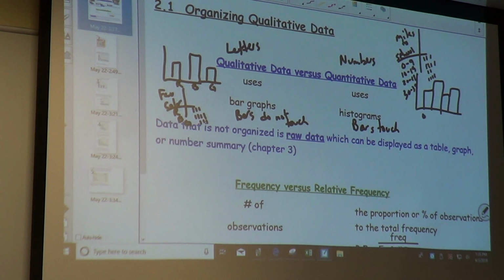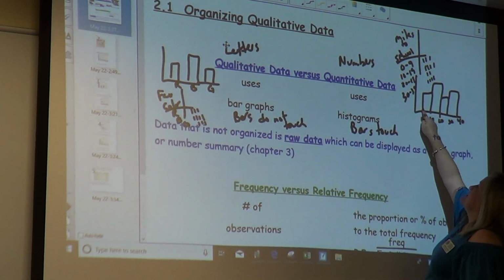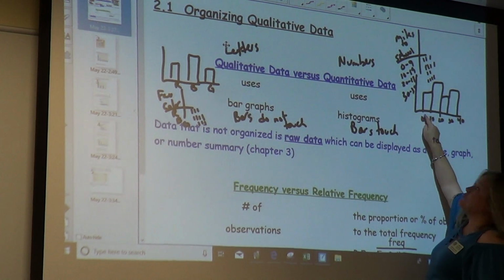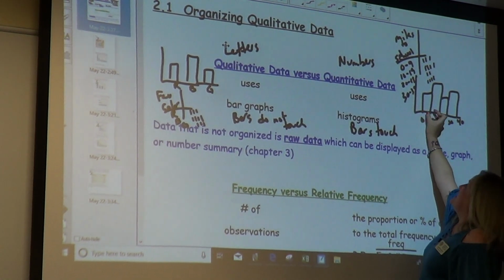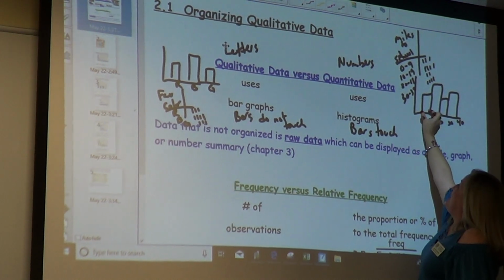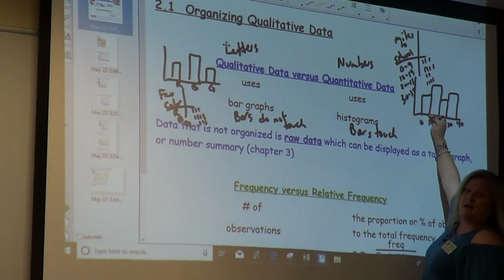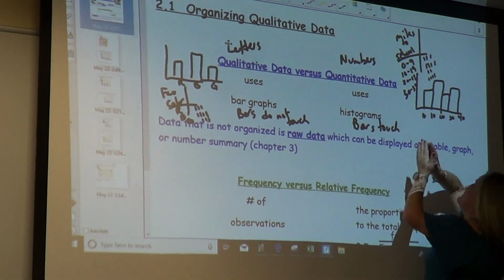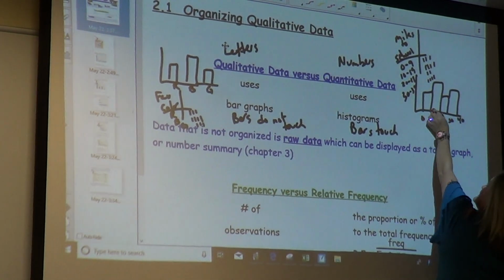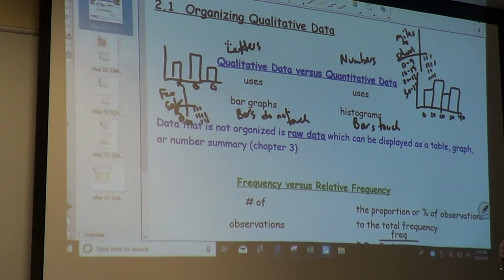So this would be 0, 10, 20, 30, and 40. These touch because this bar represents 0 to 9. 3 people said they went somewhere between 0 and 9 miles. And as soon as 0 to 9 miles bar ends, 10 miles starts. So these bars are connected because as soon as one stops, the next one starts.